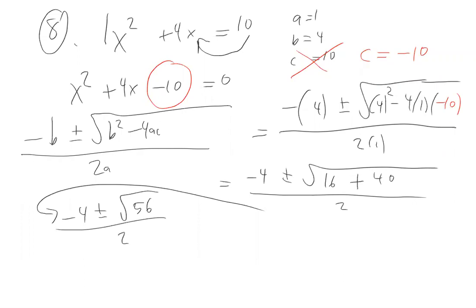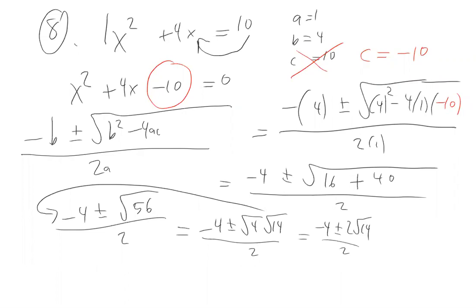Now we can break the 56 down into 14 times 4. So the square root of 56 will break down into the square root of 4 times the square root of 14, and the square root of 4 is equal to 2, so it's 2 square root of 14.